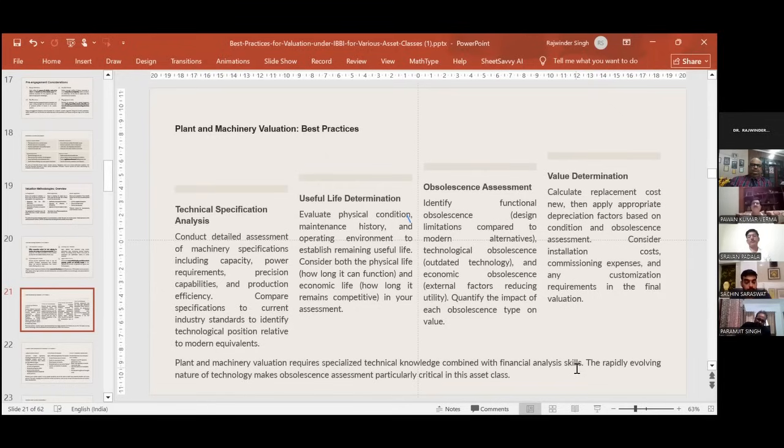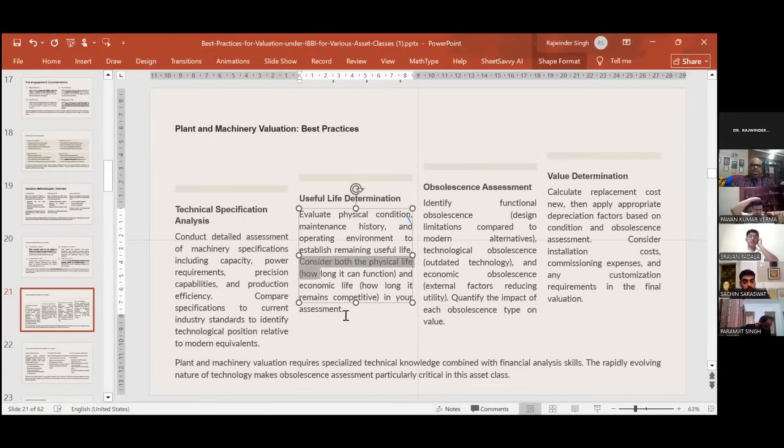After technical specification analysis, you have to determine the useful life of the asset. Evaluate the physical condition, maintenance history, and operating environment to establish the remaining useful life of the asset. There are two types of life: physical life and economic life.